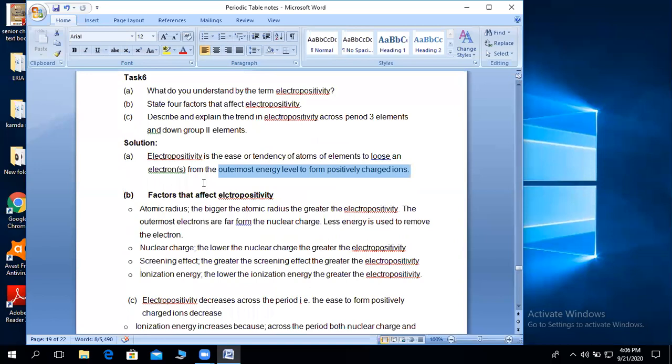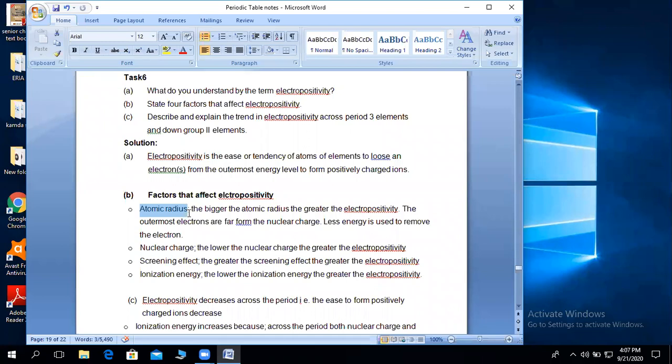Factors that affect electropositivity are, of course, atomic radius. I think you know the definition of atomic radius. It is half the internuclear distance between two atoms in a bonding situation.